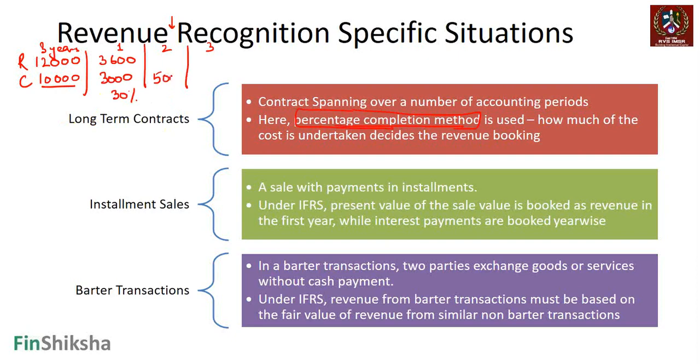If in the second year you take another 5,000 crore of cost, that's 50% more done. So another revenue would be 6,000 crore. And then obviously in the third year, whatever is the remaining will come. So in longer term contracts, you will basically build this in terms of how much cost has been undertaken.